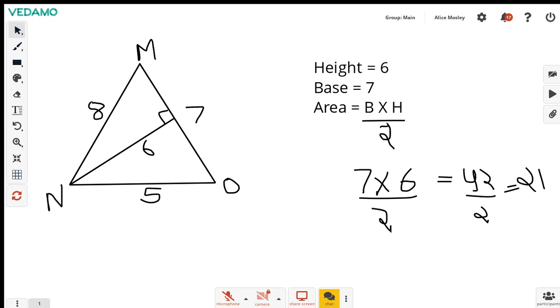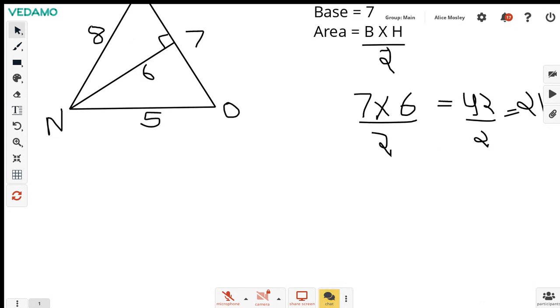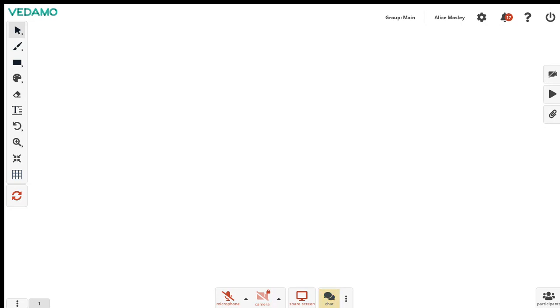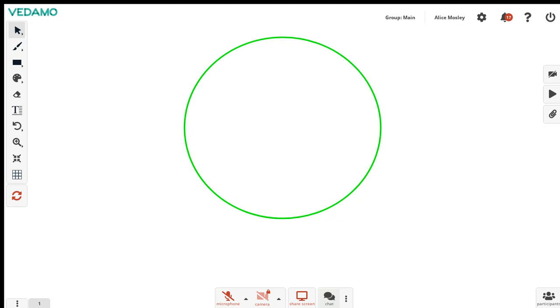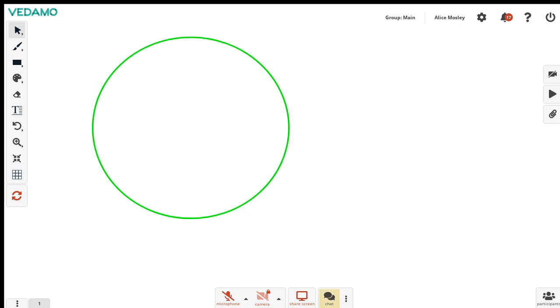So this was about the perimeter and area of a triangle. Now again, I would like to introduce you to a new thing which is known as the circle. This is a very cute little thing, circle.